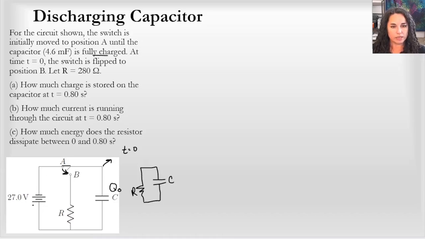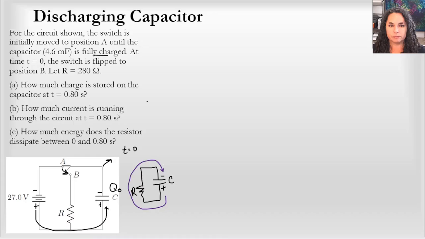The battery's positive plate was on the bottom. For whatever reason, they drew it here. So it pushed positive charges here, so this will be the positive plate and that'll be the negative plate of the capacitor. When we detach the capacitor from the battery, charge will flow from positive to negative, conventional current. So it will flow clockwise in this circuit.